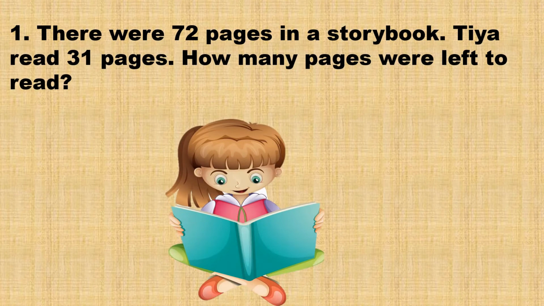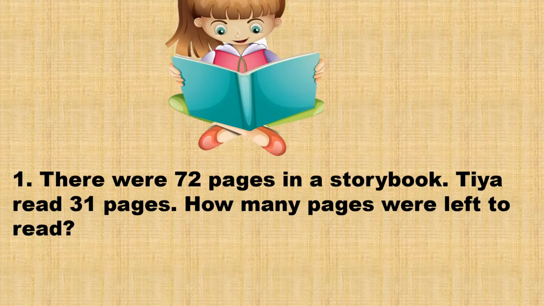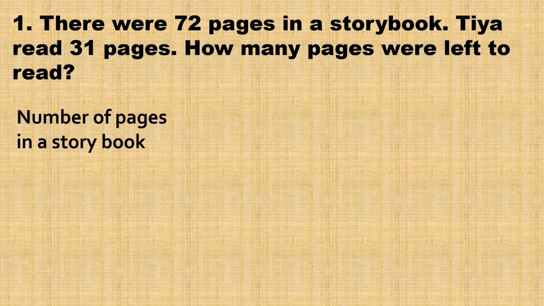Now student, in this example, there were 72 pages in a storybook. Tia read 31 pages. How many pages were left to read? So, number of pages in a storybook? 72.